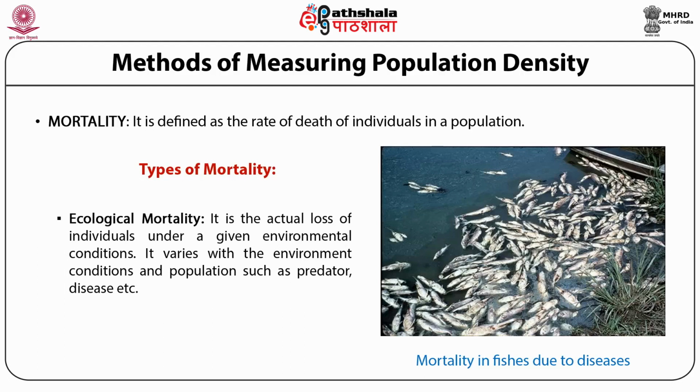It is the actual loss of individuals under given environmental conditions. It is not constant for a population, but varies with the environmental condition and population factors, such as predators, disease, etc.